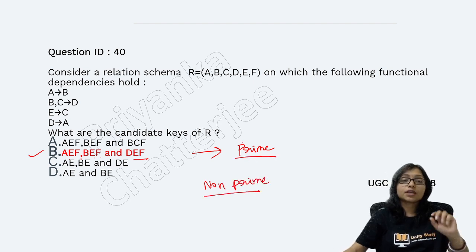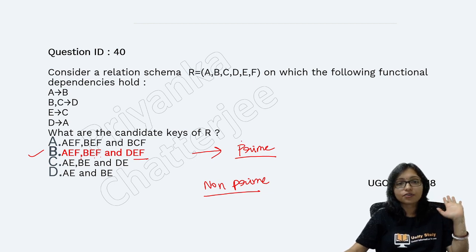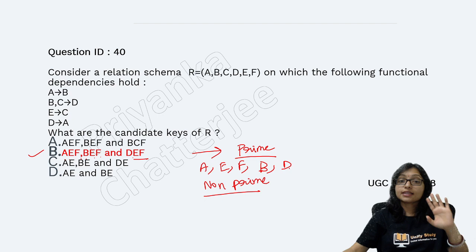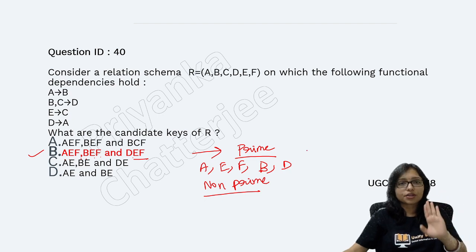Prime attribute means which are part of a candidate key. A is there, E is there, F is there. And from here B and D. B was there and D was there. These all are your prime attributes. Everyone in the candidate key is a prime attribute.